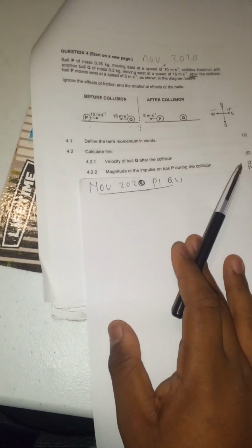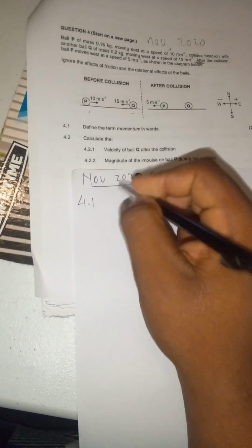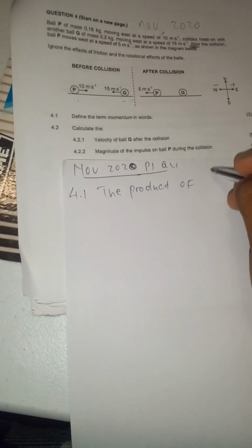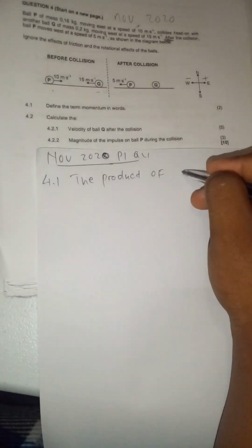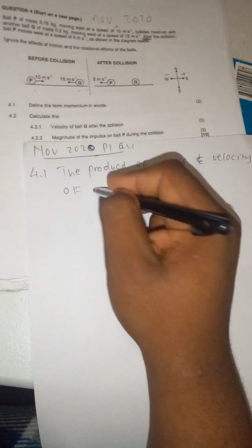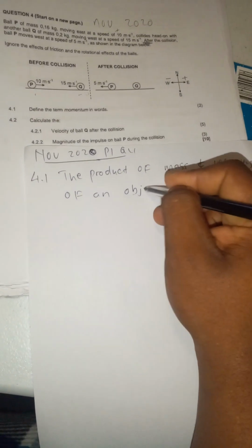So now let's start with 4.1. What is 4.1 saying? It says define momentum. Momentum is the product of mass and velocity of an object.